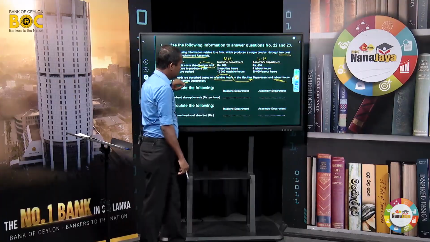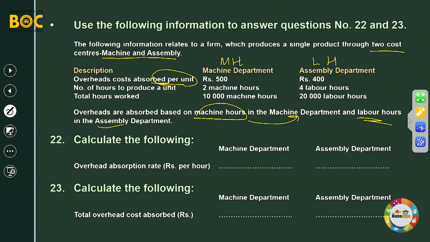Calculate the following: the overhead absorption rate in rupees per hour for the machining department and assembly department, and the total overhead absorbed for the machine department and assembly department.